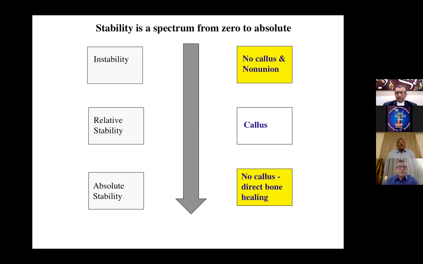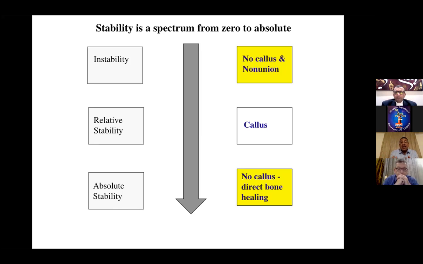If we look to the spectrum of stability from 0 to absolute, at the zero side, we will get instability. And this instability will disrupt our granulation tissue, our newly formed callus, and we will get non-union. If we look to the other arm of the spectrum of stability, we will have absolute stability, where there is direct bone healing.